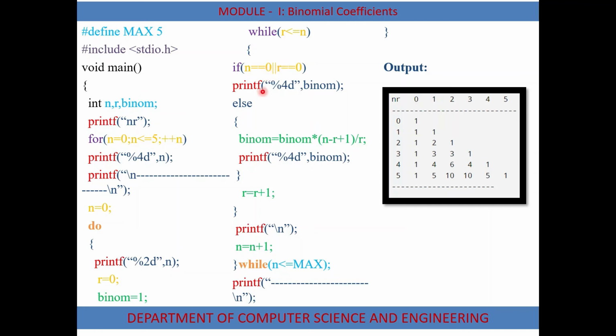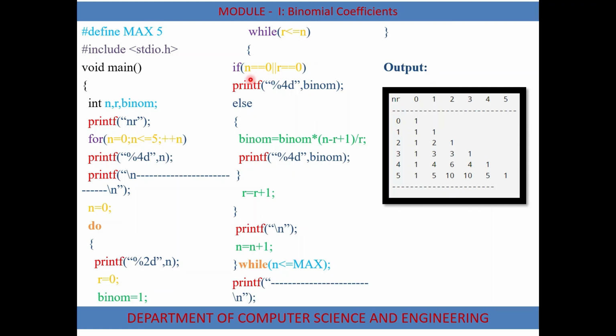What is the value of r now? 0. Is 0 less than or equal to 5? Yes, because the initial value here is again initialized to 0, right? So 0 less than or equal to 5? Yes.